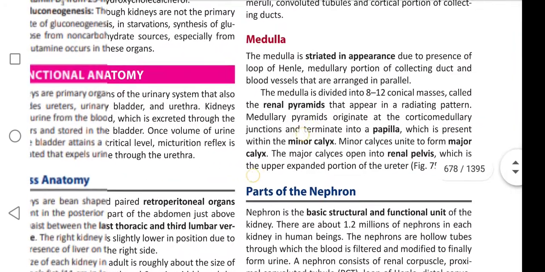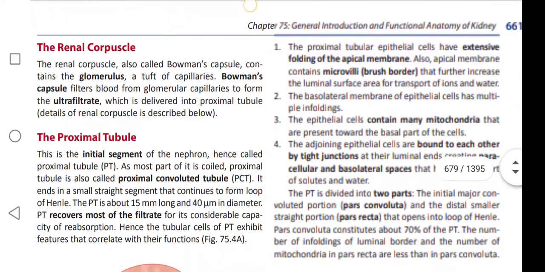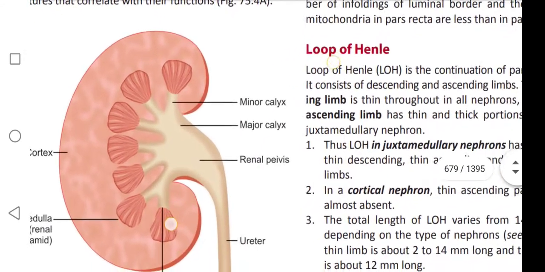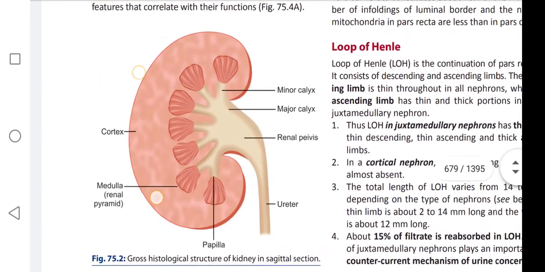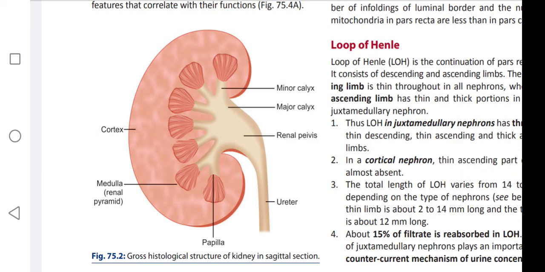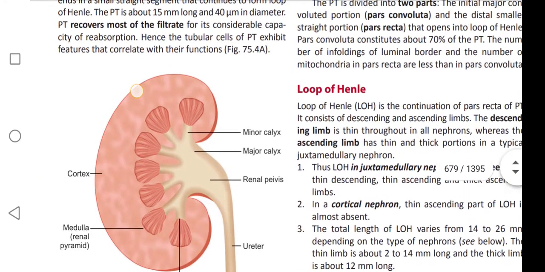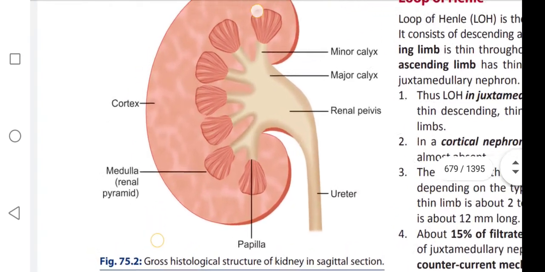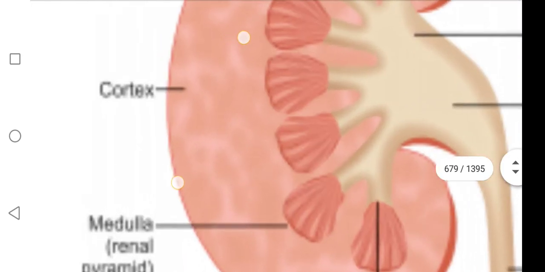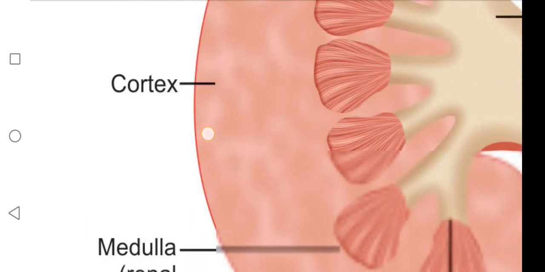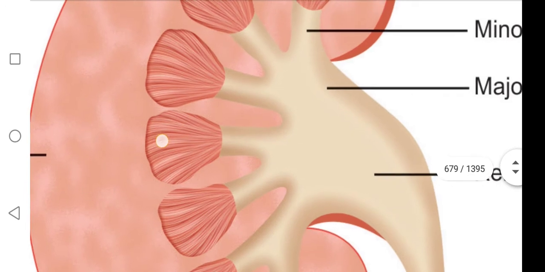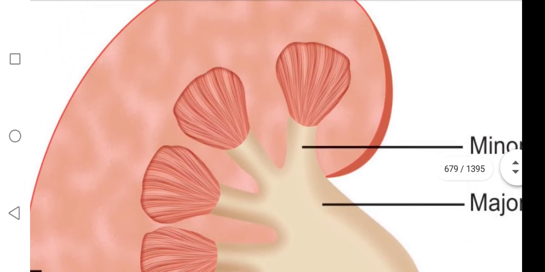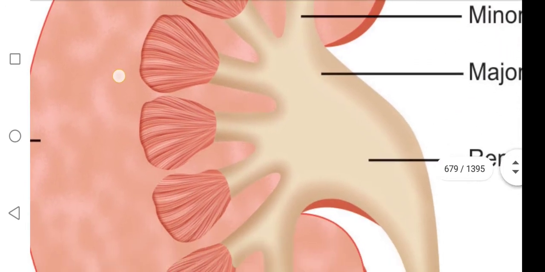We are going to the diagram now. This is the diagram. Okay, I think it is okay for you. This is the outer portion, this is the cortex, and the inner portions here appear like pyramids.